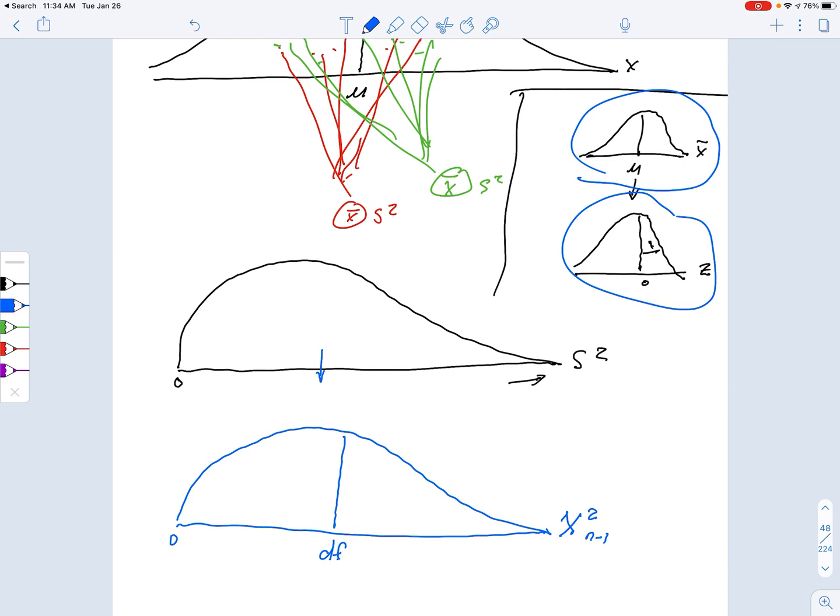So that will change when we get into bivariate analysis. But that's what the distribution looks like. So just like we did up here with the x bars, converting them into z's, we can convert any s squared into a chi-squared value, like that.